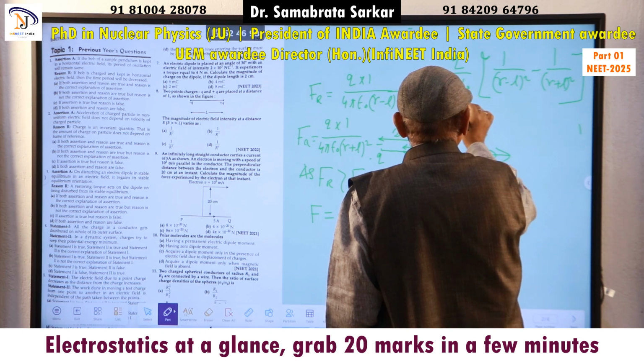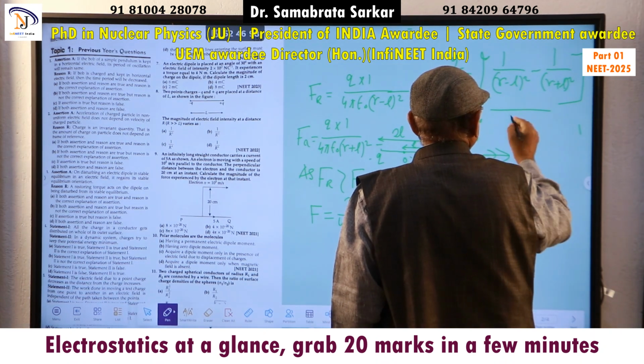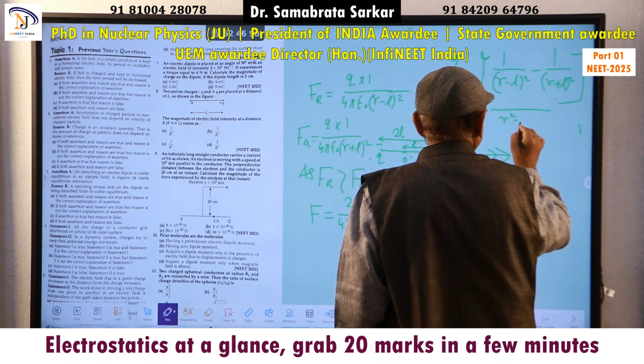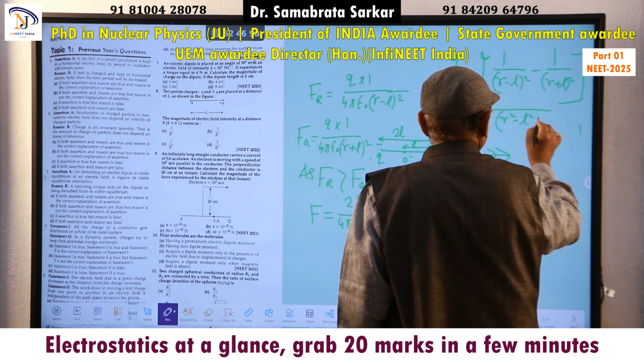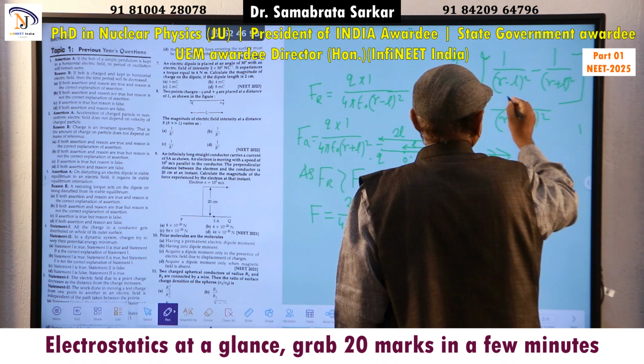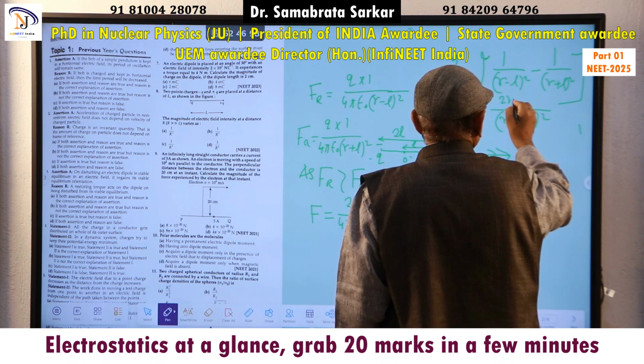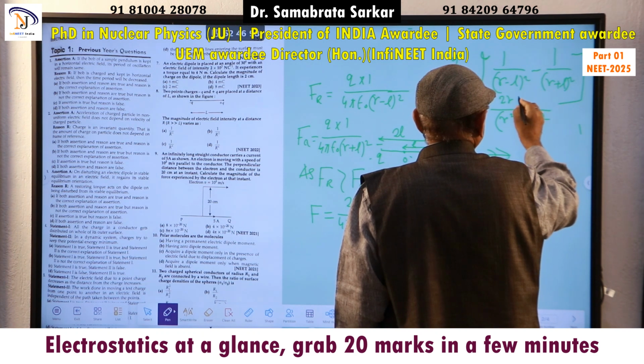You are getting q by 4 pi epsilon naught and (a plus b)(a minus b), that is (r square minus L square) to the power 2, where a square minus b square, a plus b means 2r, and a minus b means 2L.